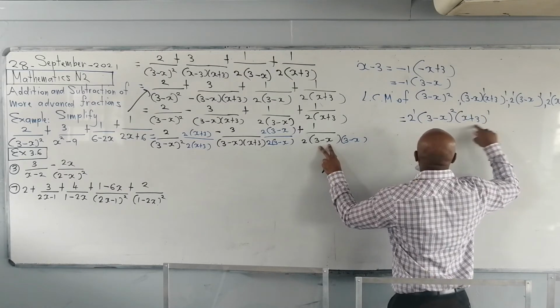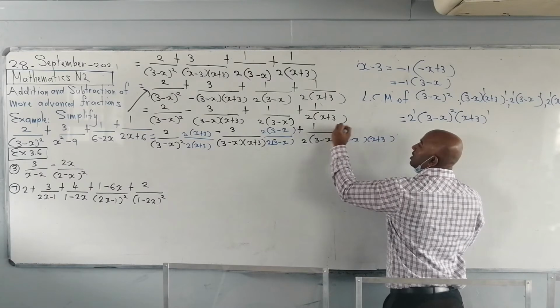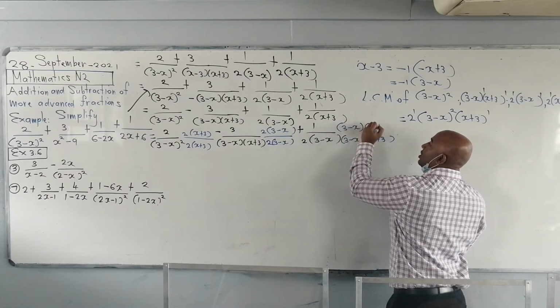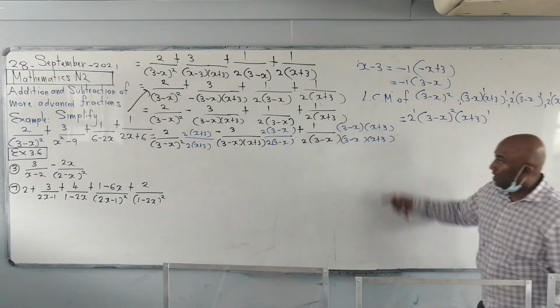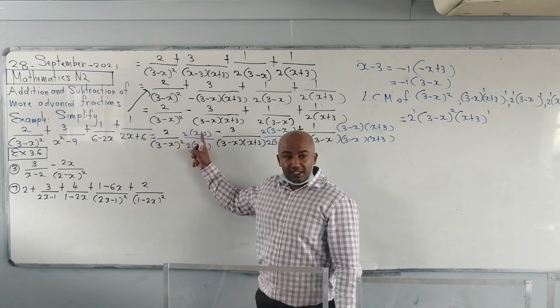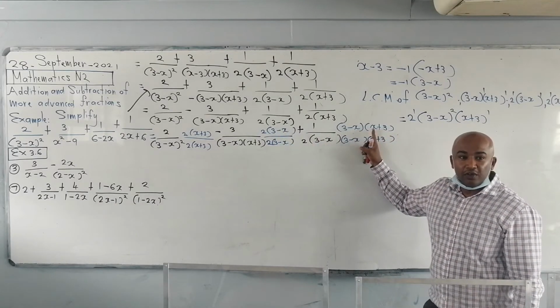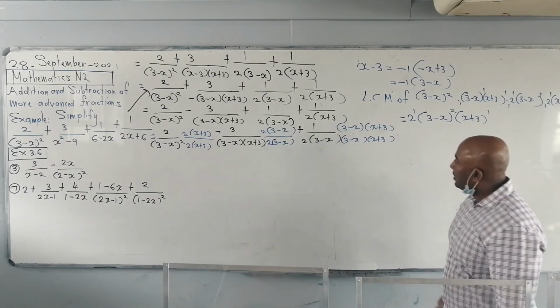What else is missing? X plus 3. Whatever I do in the denominator, I must do in the numerator. Remember, you're actually multiplying. Each term is being multiplied. This is the number 1. This is also 1. And that is also 1. Right. Did we leave out anything?